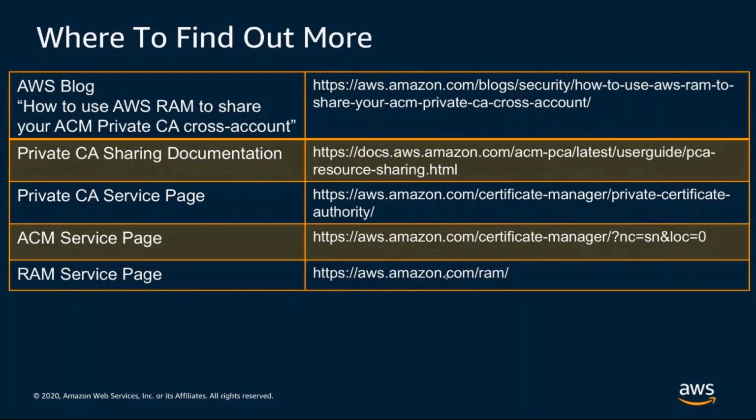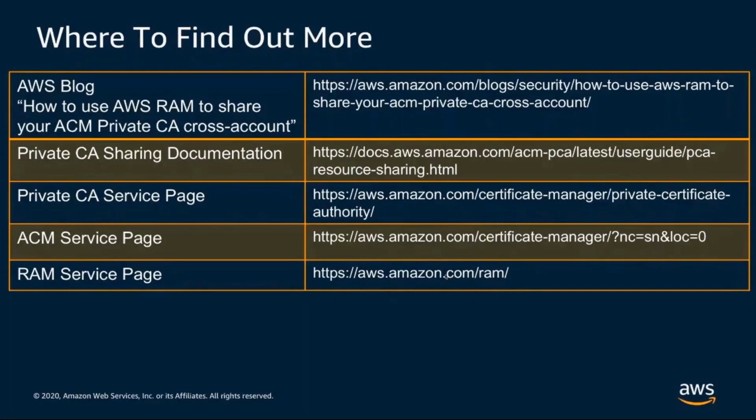If you need more information or are looking for a place to get started, here are some resources that can be helpful. The AWS blog on utilizing RAM to share your ACM Private CA across accounts, the Private CA sharing documentation that describes how to share a CA, the Private CA service pages, the ACM service pages, and the RAM service pages.